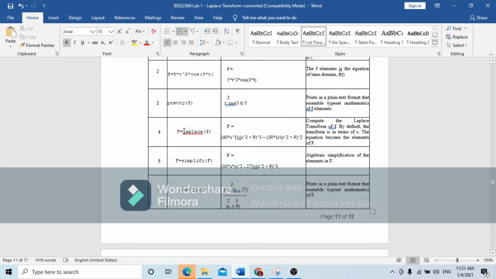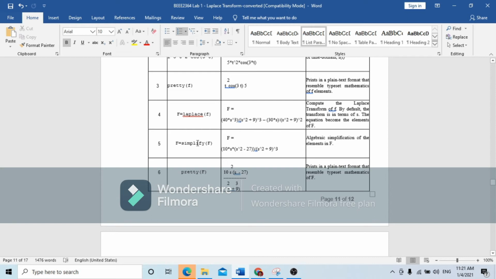Then laplace(f): we want to convert the time domain to the frequency domain. f here is the expression, the equation that we want to convert. After converting, we get this answer, and then simplify.